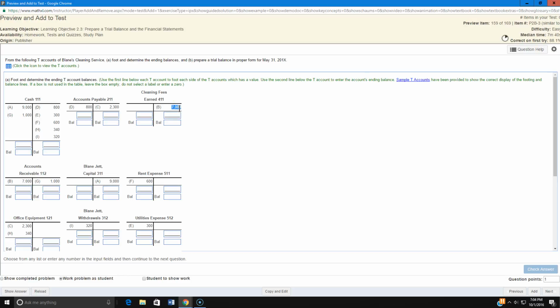And then we close out the revenues and the expenses in order to start another accounting period, and then add the positive effects of revenue, the negative effects of expenses, and the negative effect of the withdrawals. We update the capital account. Okay, and then we start a new ball game. Clear the scoreboard. Start a new game.